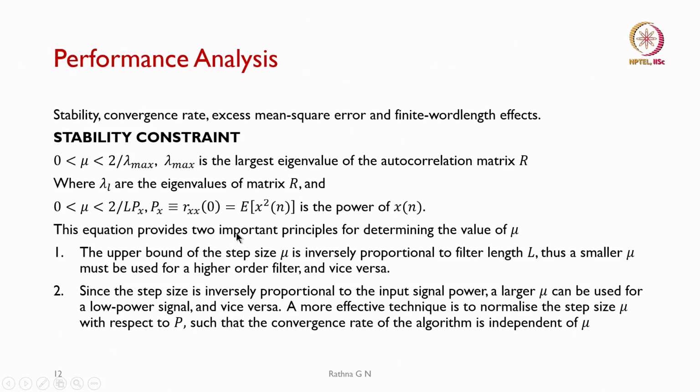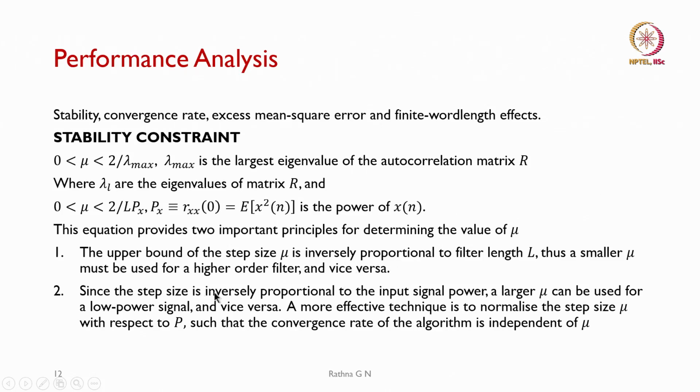So, this equation provides two important principles for determining the value of mu from these two constraints. The upper bound of the step size mu is inversely proportional to the filter length. Thus, a smaller mu must be used for a higher order filter and vice versa.